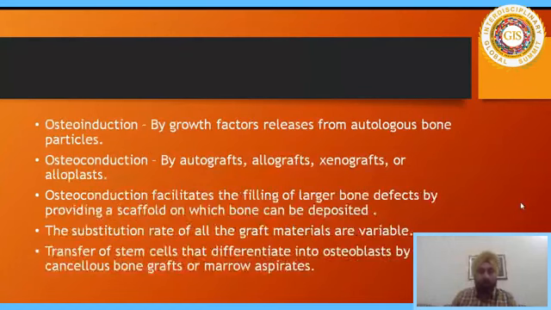Now, what is osteoinduction? It is by the growth factors released from autologous bone particles. Osteoconduction is by autografts, allografts, xenografts, or alloplasts. Osteoconduction facilitates the filling of larger bone defects by providing a scaffold on which bone can be deposited. The substitution rate of all the graft materials is variable.